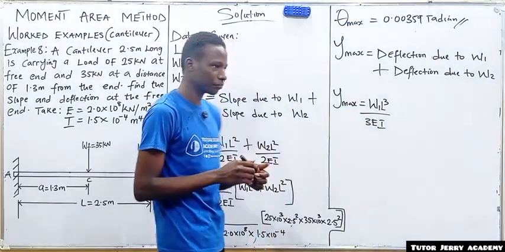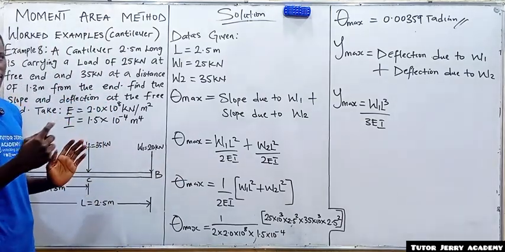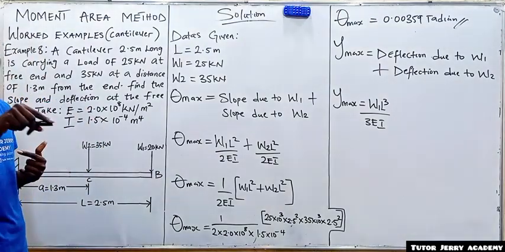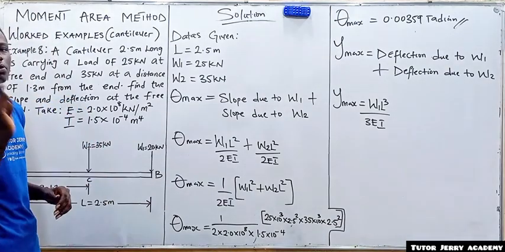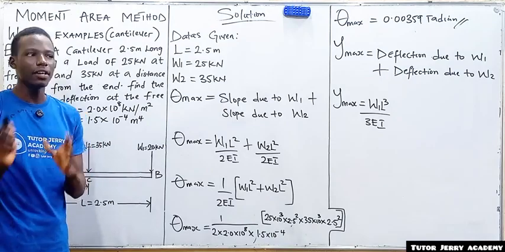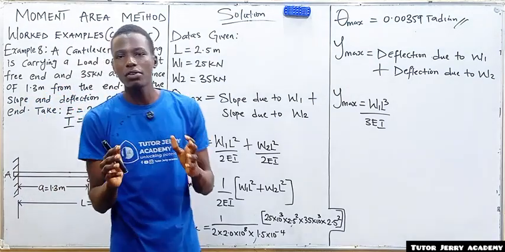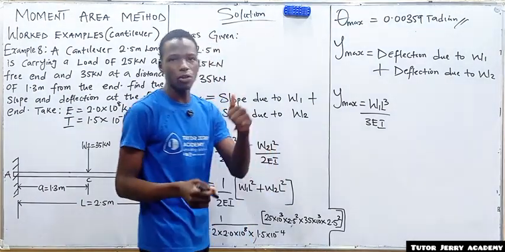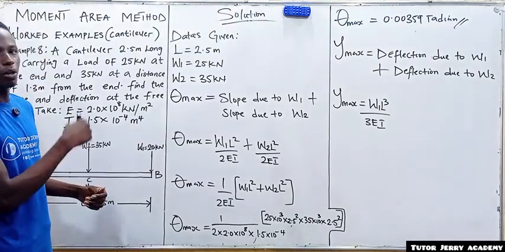So when we considered a cantilever with a point load at a distance A from the fixed end, we got the maximum deflection to be WA to the power of 3 all over 3EI plus WA to the power of 2 all over 2EI into the bracket of L minus A. But in this case, our W now is W2, no longer W. So instead of W, we put W2.